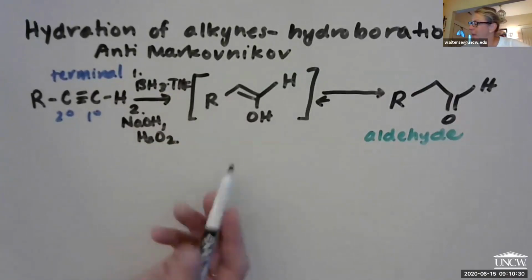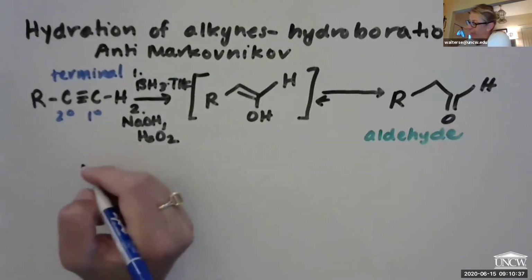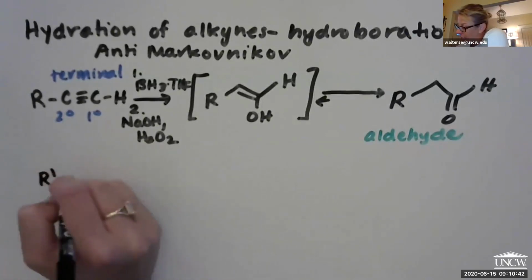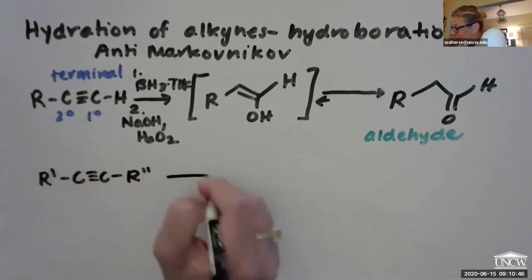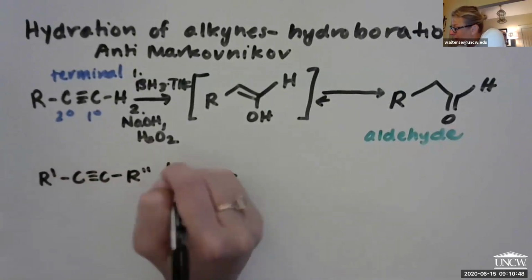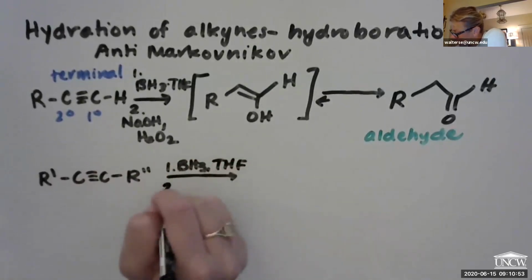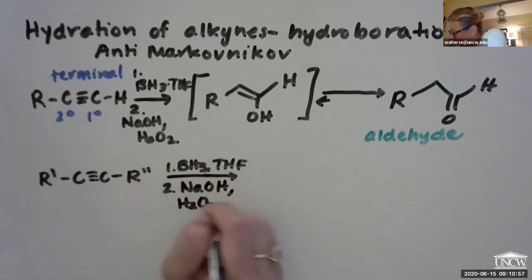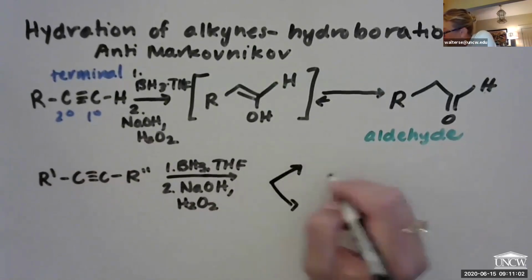Okay. Now, just like with the hydration by the mercury sulfate and acid, if you decide instead to do this reaction on an internal alkyne, then what's interesting is that you go through your enol and you get two of them again.